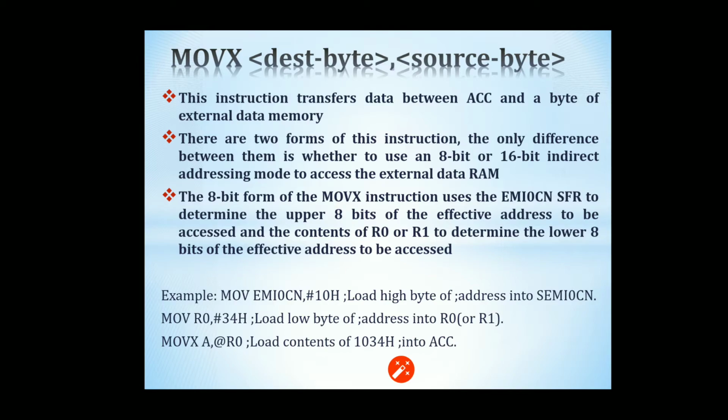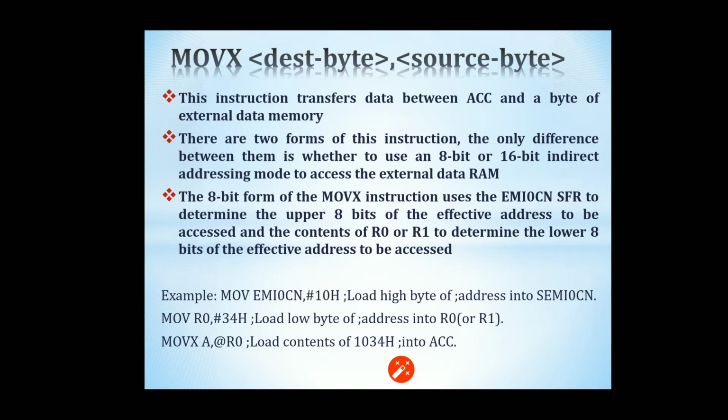Next, MOVX destination byte comma source byte. This instruction can transfer data between the accumulator and a byte of external data memory. There are two forms of this instruction. The only difference between them is whether to use an 8-bit or 16-bit indirect addressing mode to access the external data RAM.